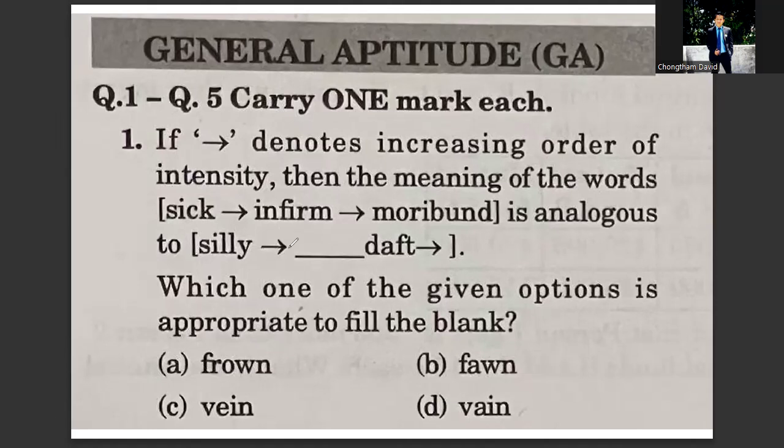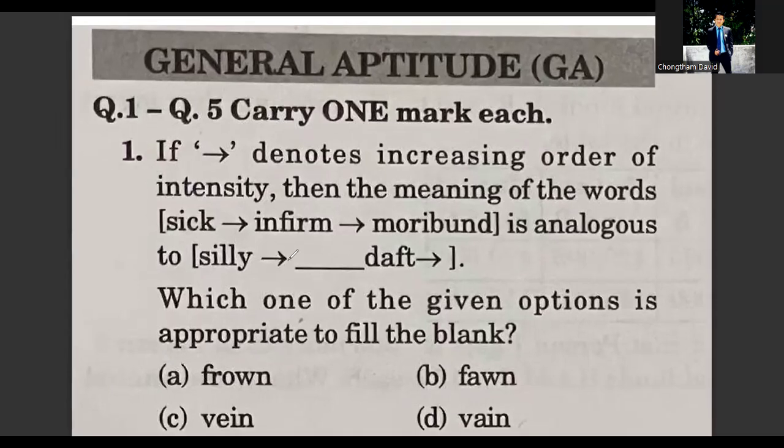Silly, then blank. The relationship between the words in the first set, sick, infirm, then moribund, is that they represent increasing order of intensity or seriousness of a condition.